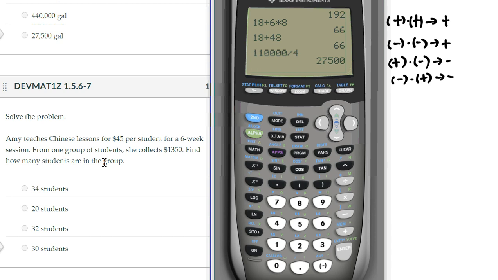So again, here you want to see how many 45 are contained in 1,350.